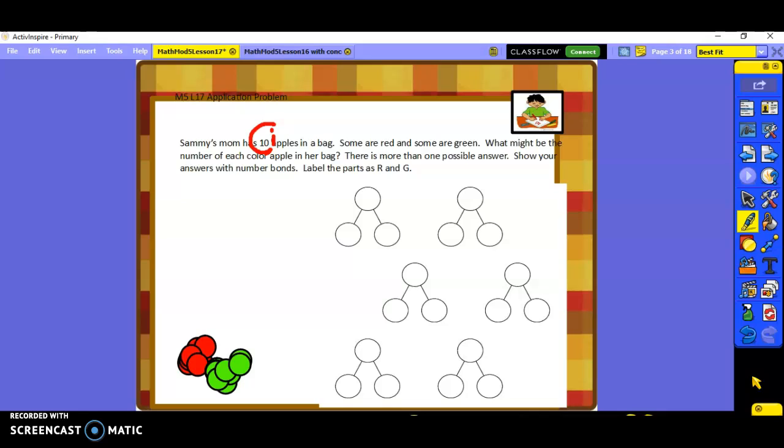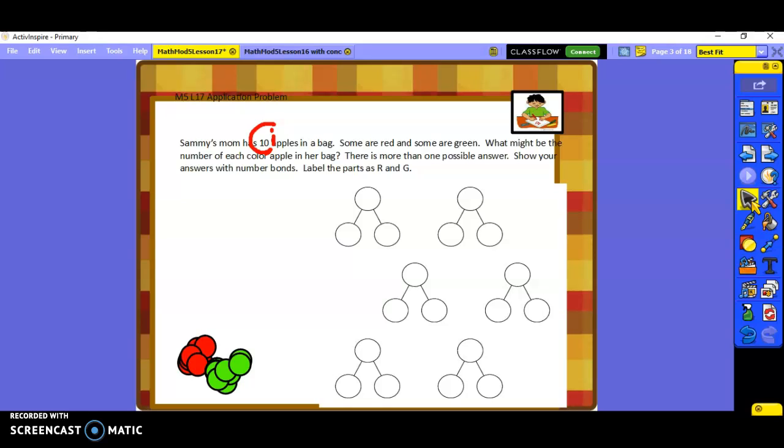We're going to show our answers today with our number bonds. And we're going to be labeling our parts R and G for red and green. So let's think about that. Sammy had 10 apples. What is one way that she could have 10 apples? Think about what those parts could be to make 10.